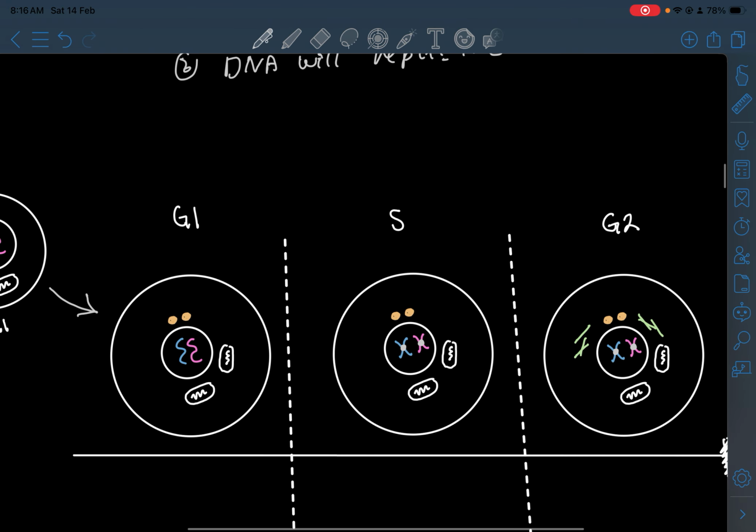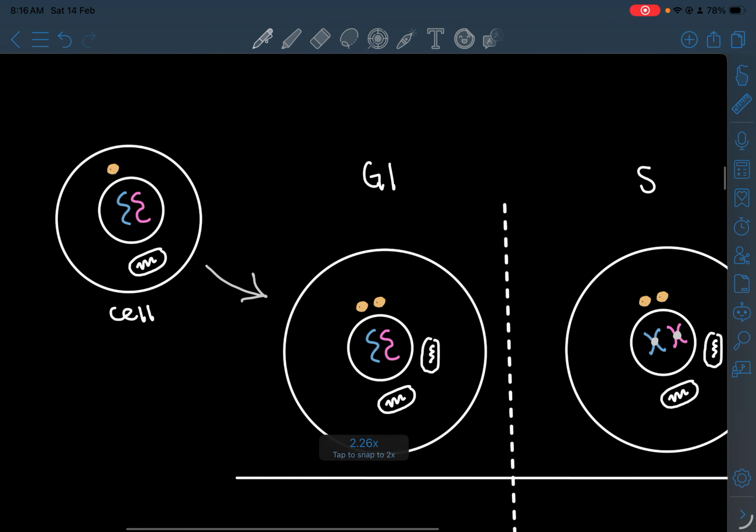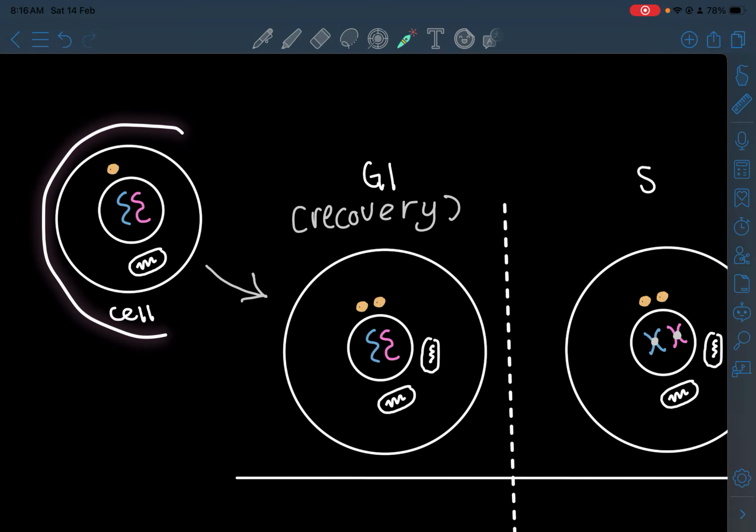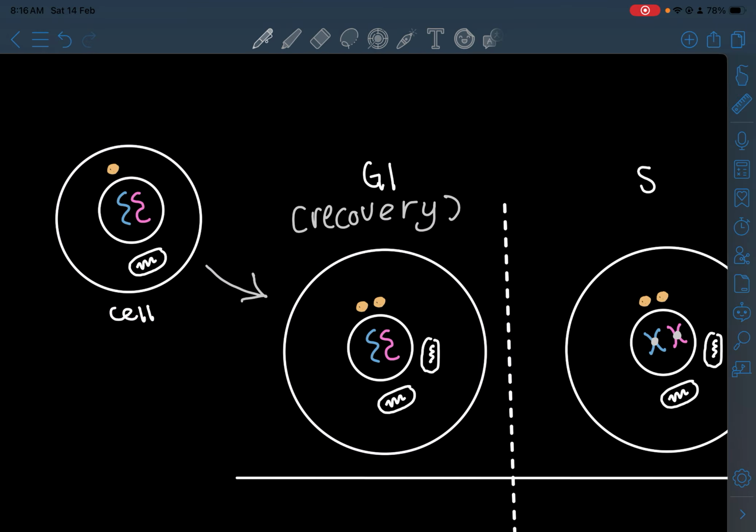So the first phase is known as G1, or in other words, a recovery stage. Let's say we have a daughter cell after the cell division. You can compare this cell and this cell. What's the difference?